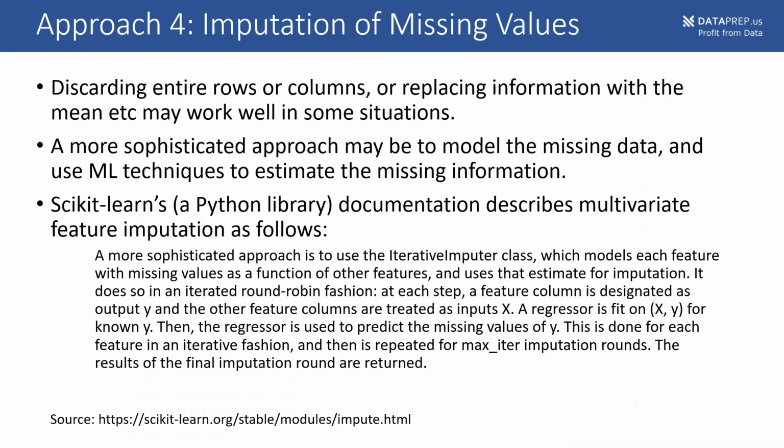Finally, the most sophisticated approach to missing values is to impute the missing values. So really, what we do is we use some regression or some machine learning or other algorithm to calculate what the missing values might be, what would be the best estimate for the missing value, and use that to complete our data set.